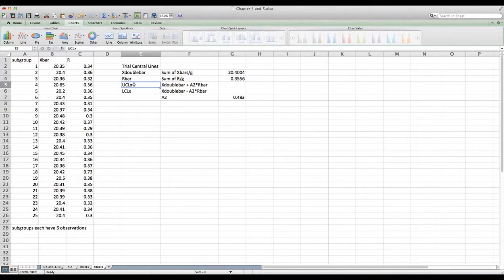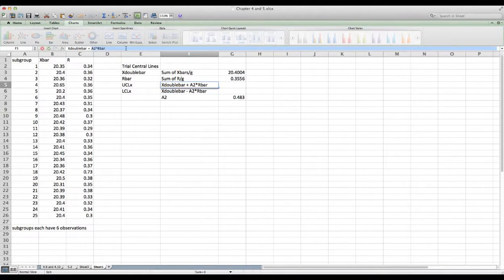Now, to calculate these upper and lower control limits, let's just look at X for a while. In a perfect world, we would want these data to be within 3 standard deviations of the population from that X double bar that we just calculated.